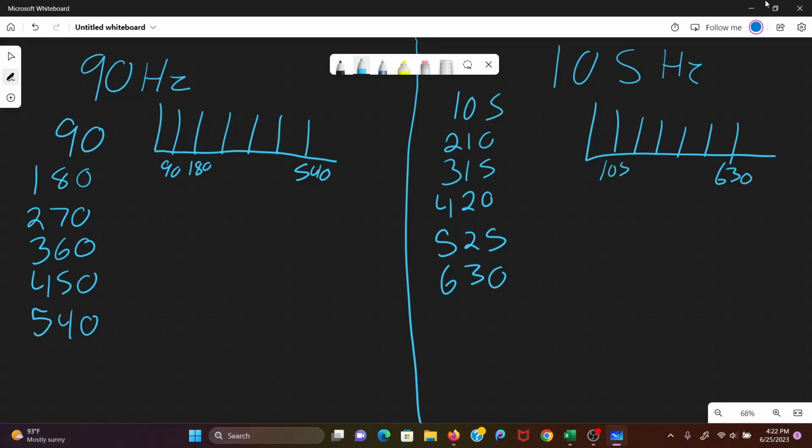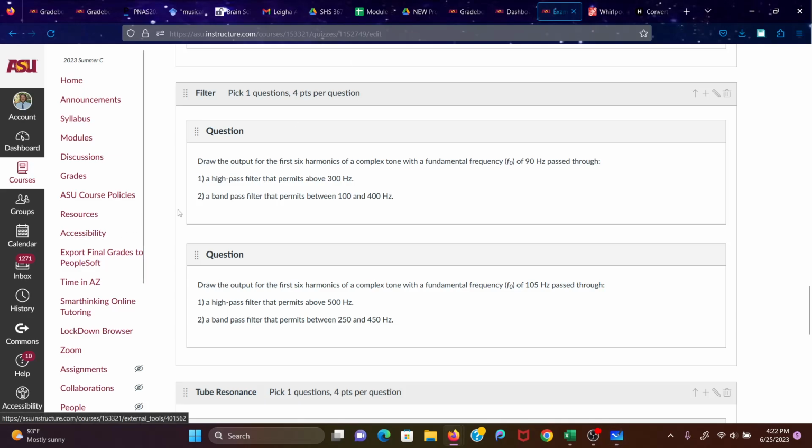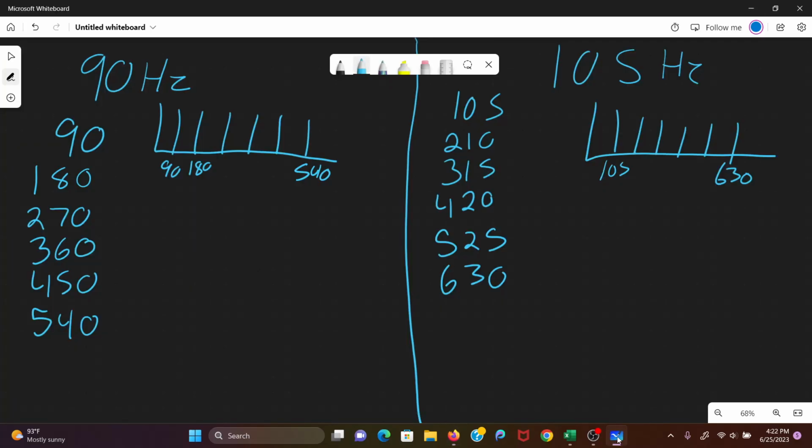What do we need to do next? For you people who have 90, you need a high pass filter above 300 and a band pass between 100 and 400. Let's write that down.